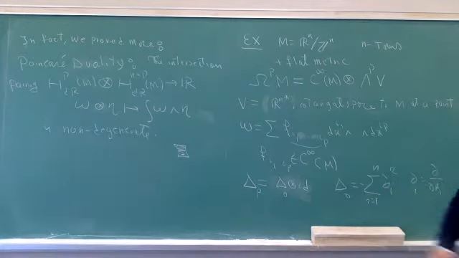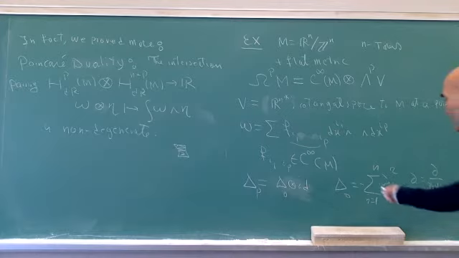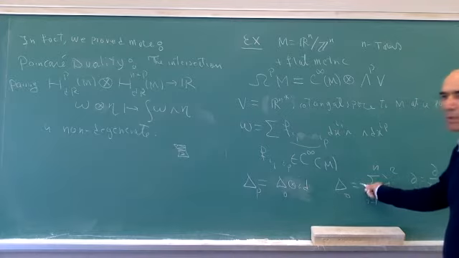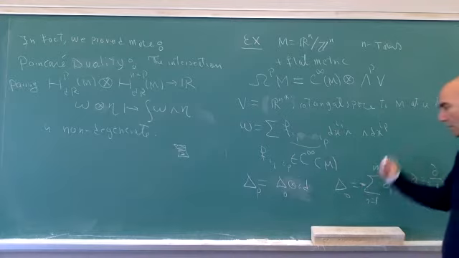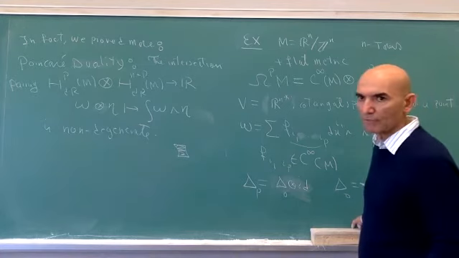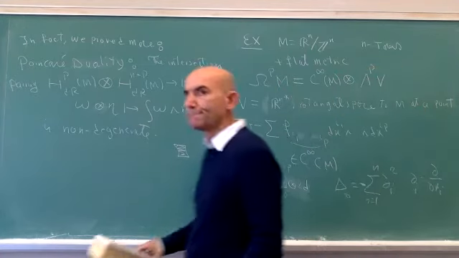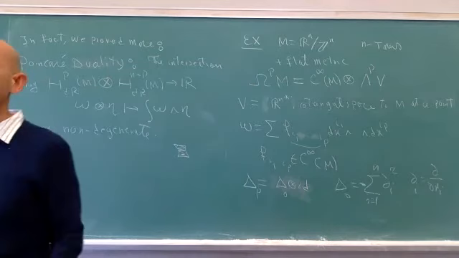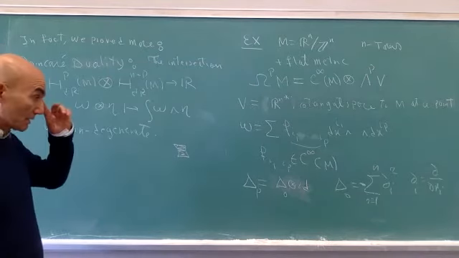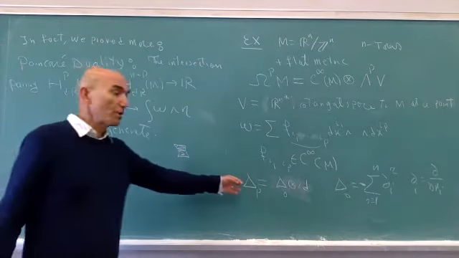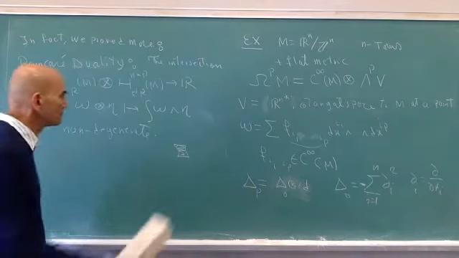So you have to check this. You just write down the equation for d star, and then you do that, and this very important minus sign comes out. So you can check that. Now, what are harmonic p-forms in this case?